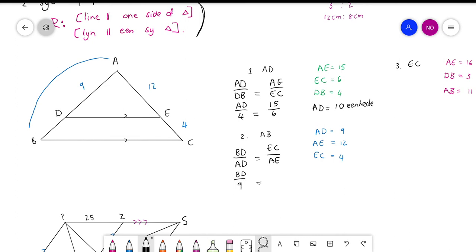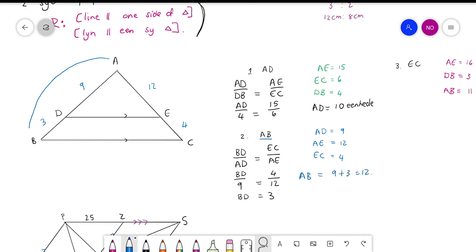Kyk mooi, dis nou die kleintjie kom bo, groot ene kom onder. Is equal to 3. So hierdie is dan gelyk aan 3, but they were asking me for the whole side AB. So that's going to be 9 plus 3 is equal to 12.